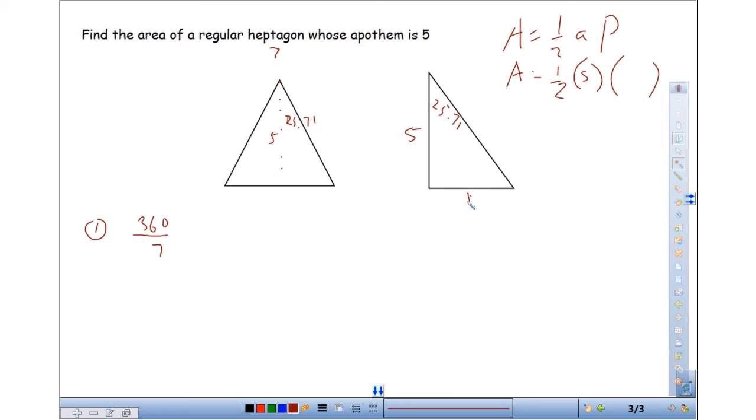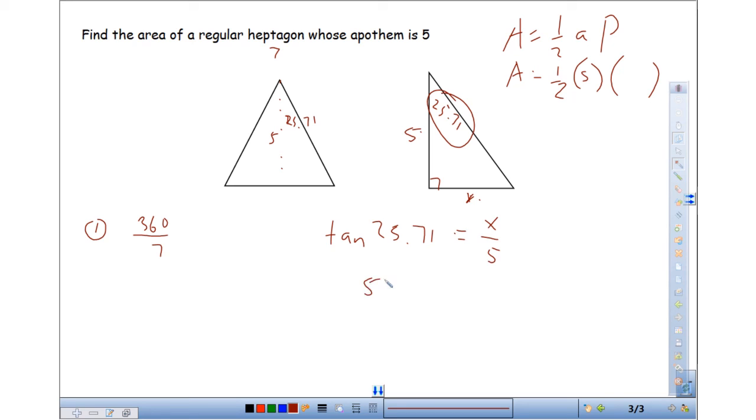Okay? So to find that part, we're going to use trig. So using that angle, I have the opposite and the adjacent. The opposite and the adjacent is going to be the tangent. So we're going to do the tangent of 25.71 equals the opposite over the adjacent.